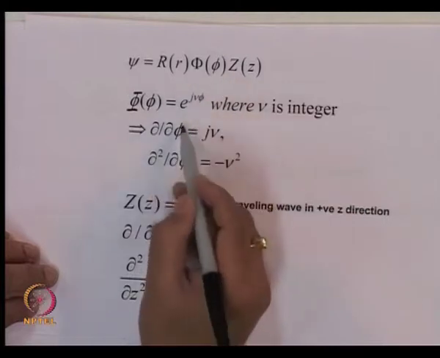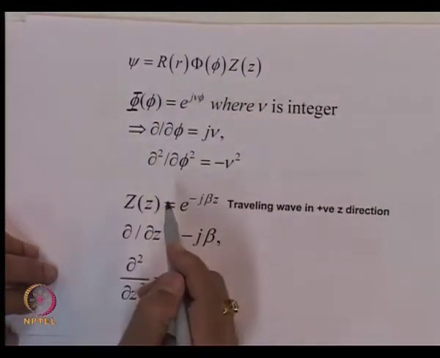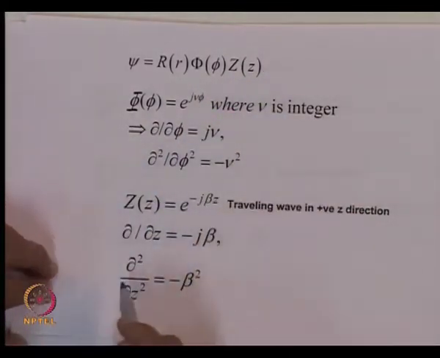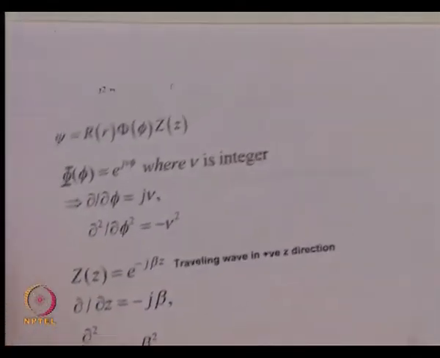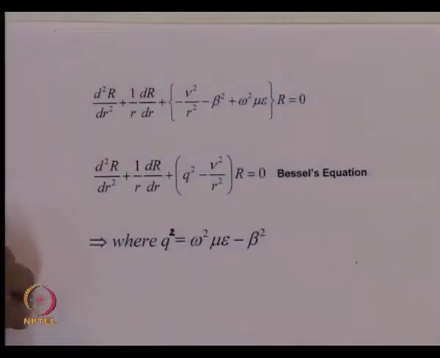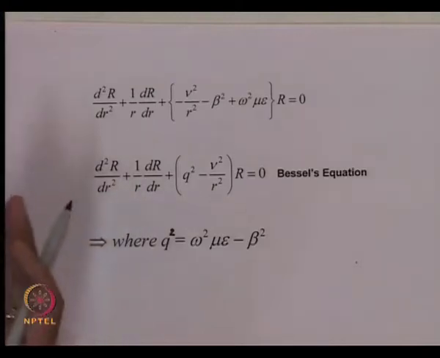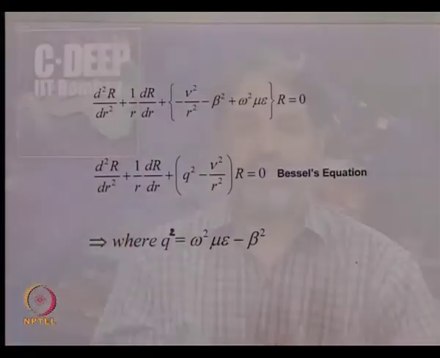So with this now, the wave equation is solved, because once I solve this equation, I get Bessel functions. Then I can go back and substitute into this. I get Bessel function multiplied by e to the power j nu phi and e to the power minus j beta z. So I got the expression for psi, which can represent either the electric or magnetic fields. So the problem is solved.